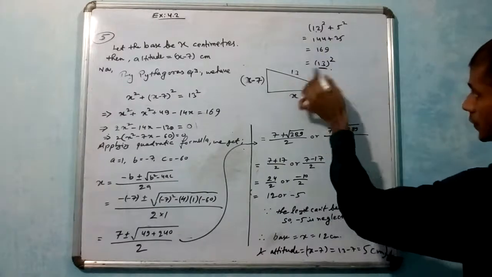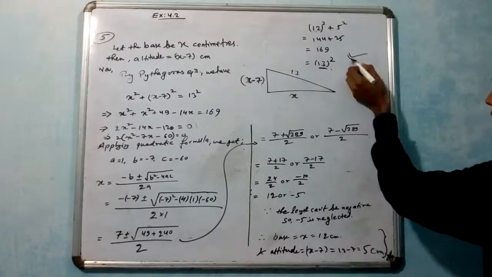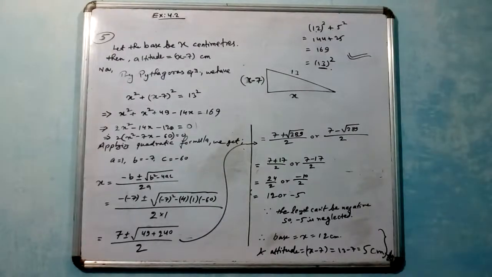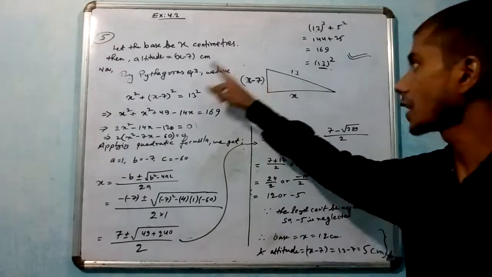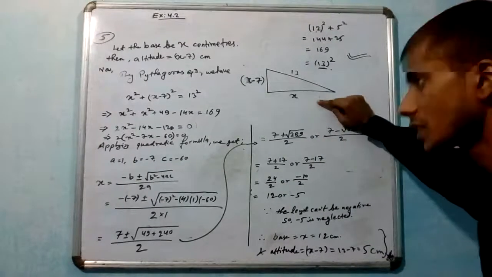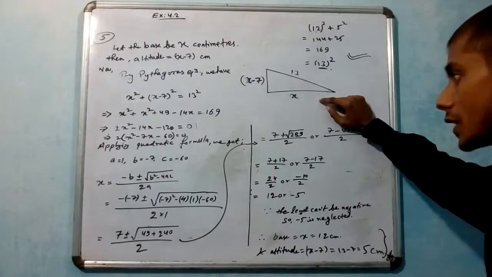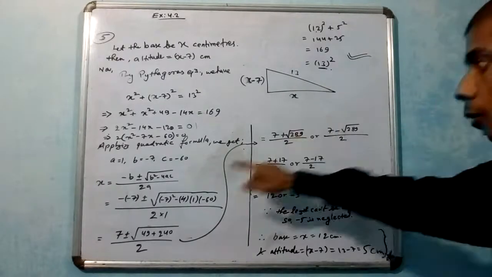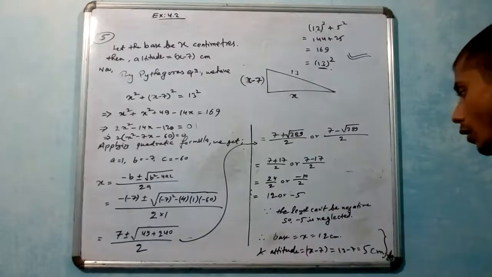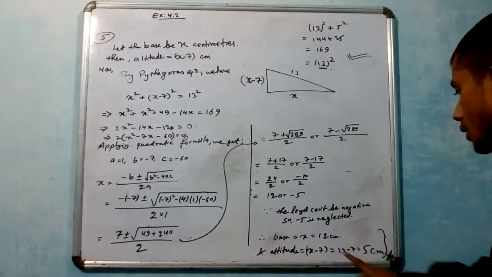Understood? So this is the way of solving any type of word problem. First go through it, understand, get an approach, assume properly, get a correct equation, and then solve it properly without any mathematical mistake. Calculation mistake should not be there. Then you will get the final answer. Before getting the answer, if something is required to be neglected, neglect it.